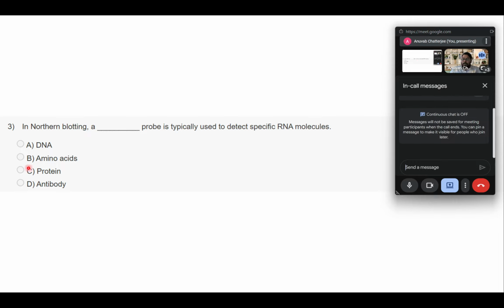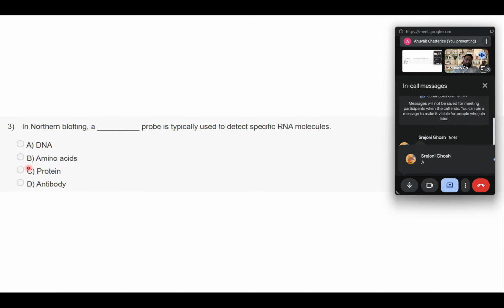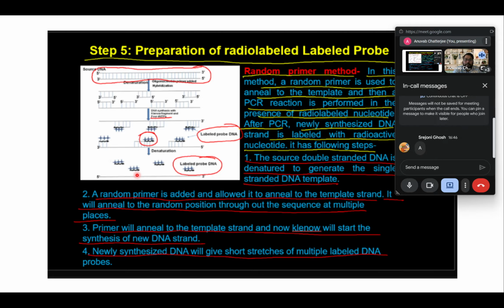Okay, I did see multiple A options, which is everyone said that it is DNA probes that are used to probe for RNA molecules. And you are correct, it is DNA probes. So let us look at it.